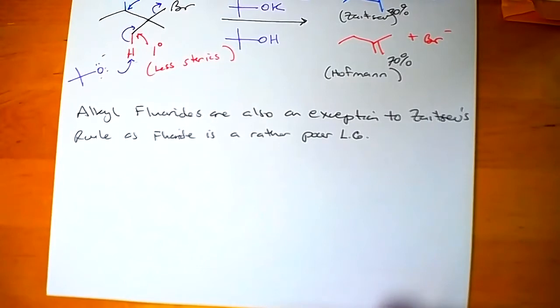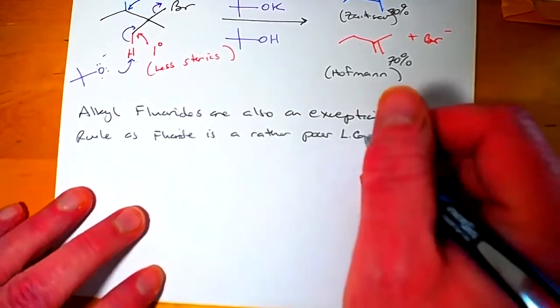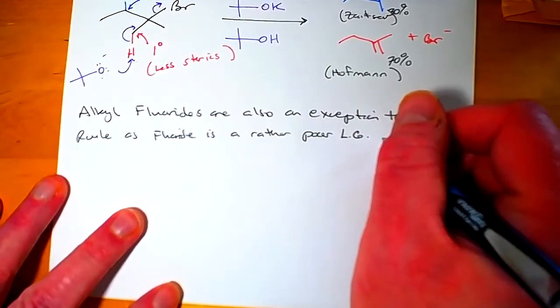And so that means fluoride is a rather strong base, and that's not a very good leaving group.